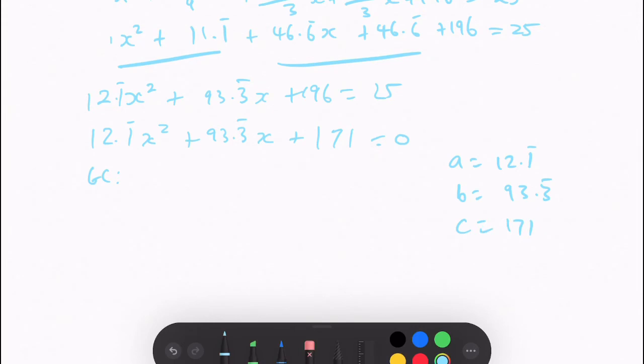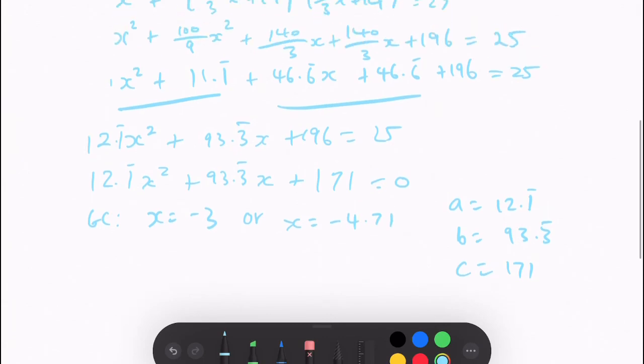So let's do that. You should get x equals minus 3 or x equals minus 4.71, or around 4.71.